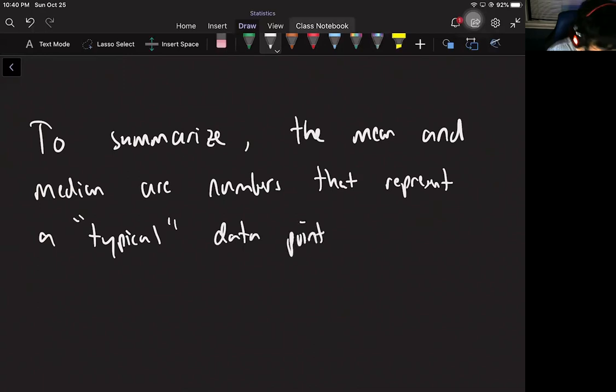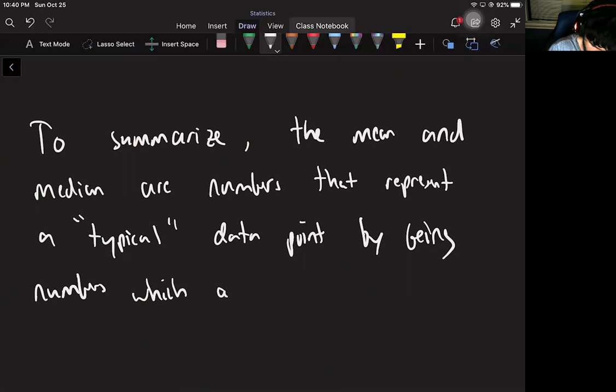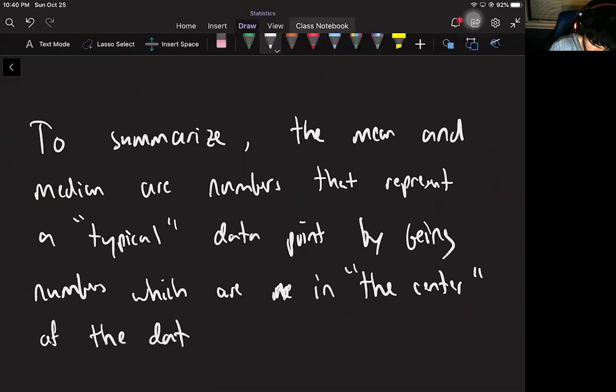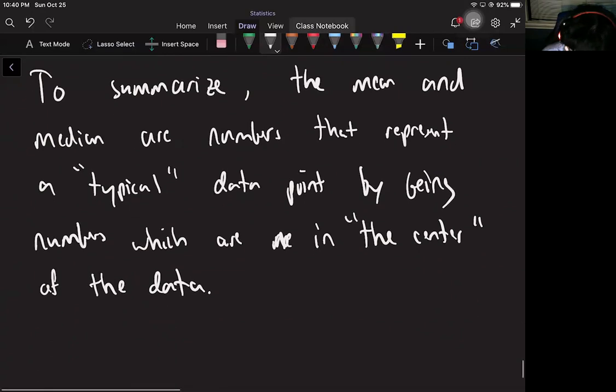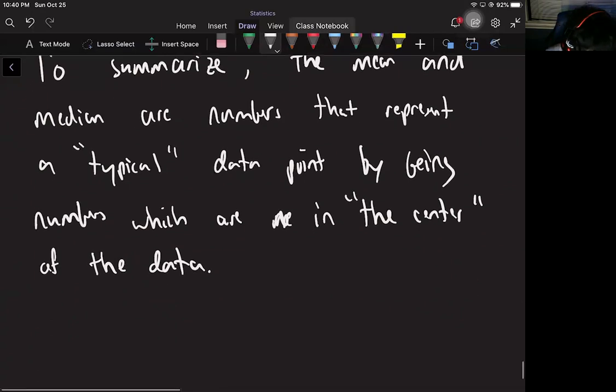In what way? By being sort of in the middle. They're both in the center, but there's not just one center. They're both in the center in different ways. And that'll be more explored in the lecture problems.